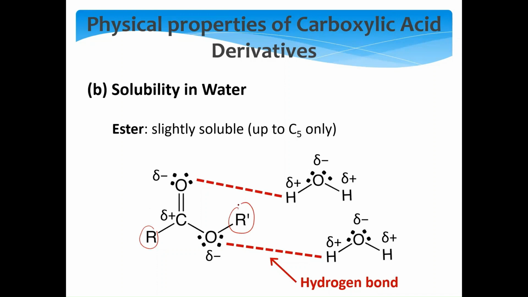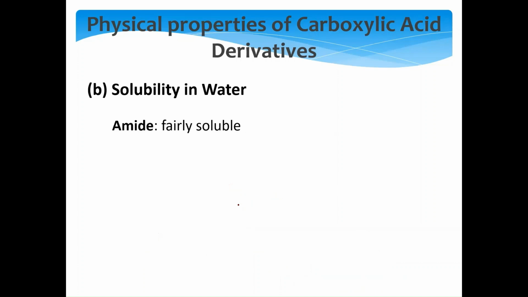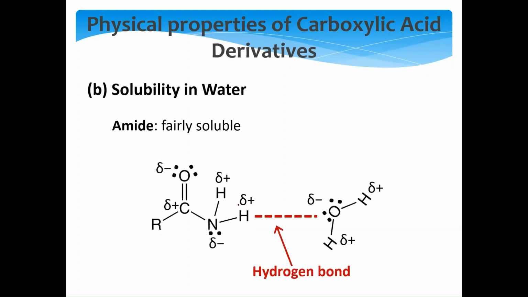These groups do not have any favorable interactions with water molecules. As a result, esters are only slightly soluble in water. And then, how about amide? Fairly soluble. As you can see, amides are capable of forming hydrogen bonds with water molecules, and they also have more sites for the formation of hydrogen bonds as compared to esters earlier. So fairly soluble.